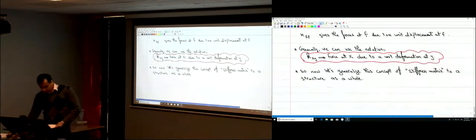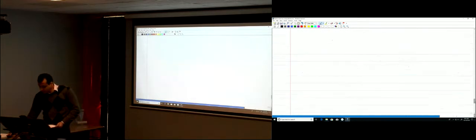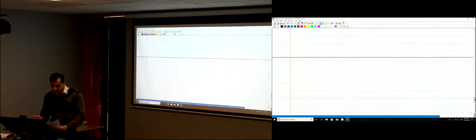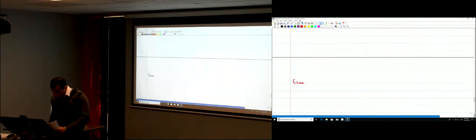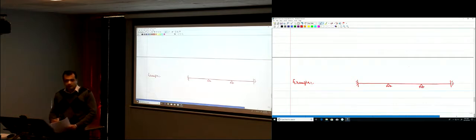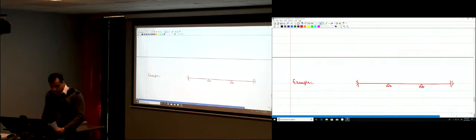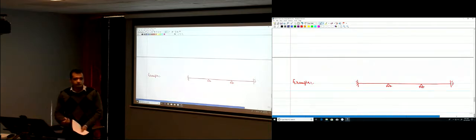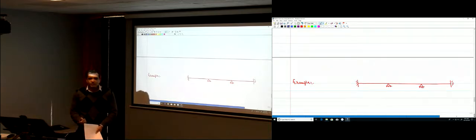So to do this, let's do it on an example. No numbers, but just to understand how to do it and what's the problem that we have here. So let's say now you have a beam that looks like this. How many elements, how many beam members do you have in this beam? 3.